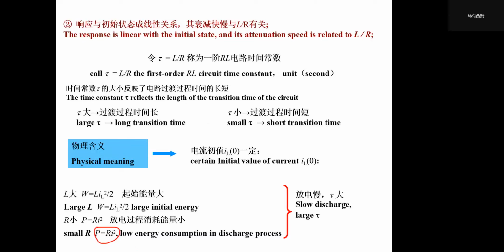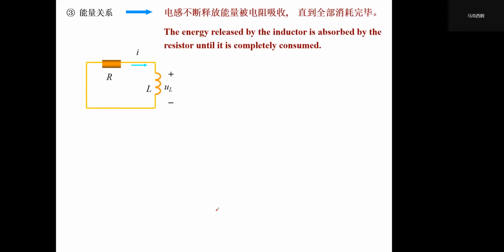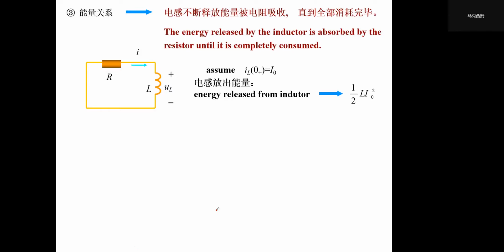Let's see the energy relationship. The energy released by the inductor is consumed by the resistor until all the energy is burned out into heat. So we assume that the initial value of the current is I_0.